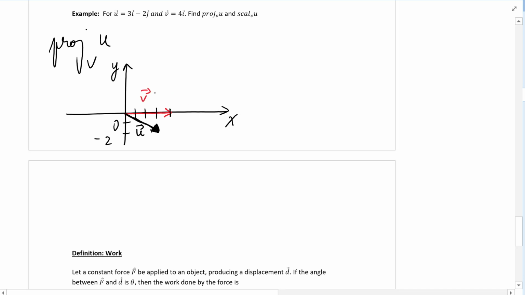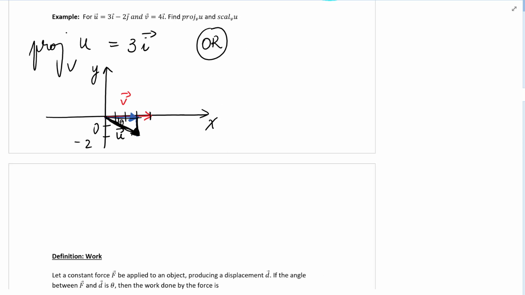And we want to find the projection of u onto v. If we project it like this on v, we notice that the projection of u onto v is actually 3i. But how do I do that? It was easy to see from the graph, but how do I do it analytically?